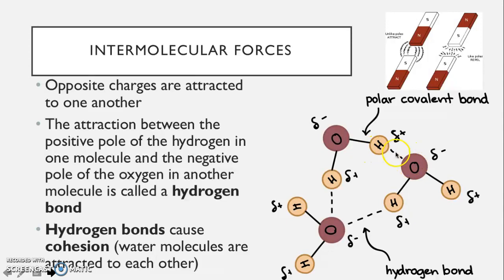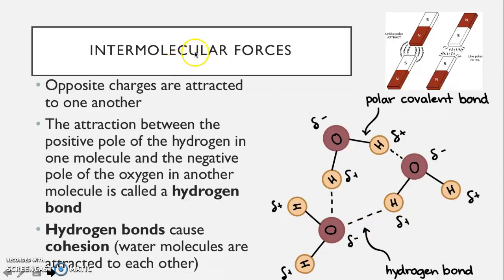This is one water molecule, this is a second, and this is a third. This attraction between different molecules is what is referred to as a hydrogen bond, a weak attraction between the molecules.